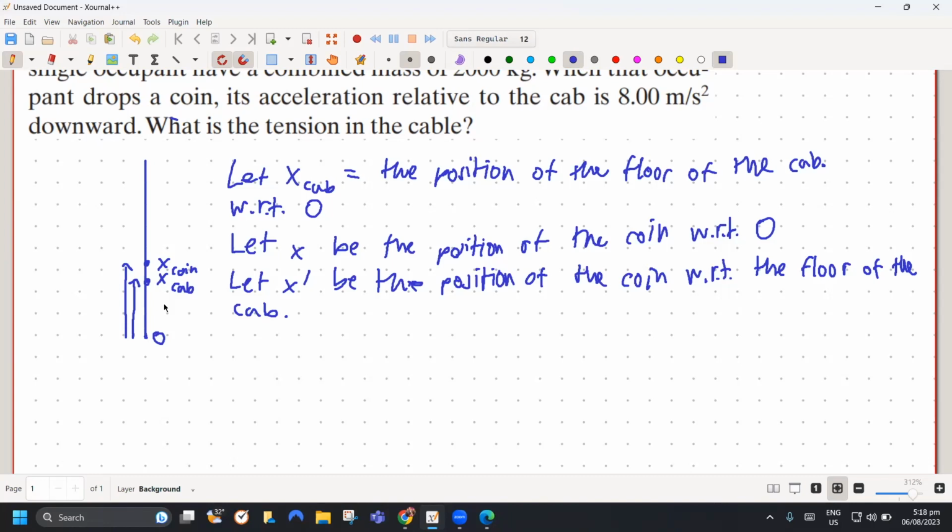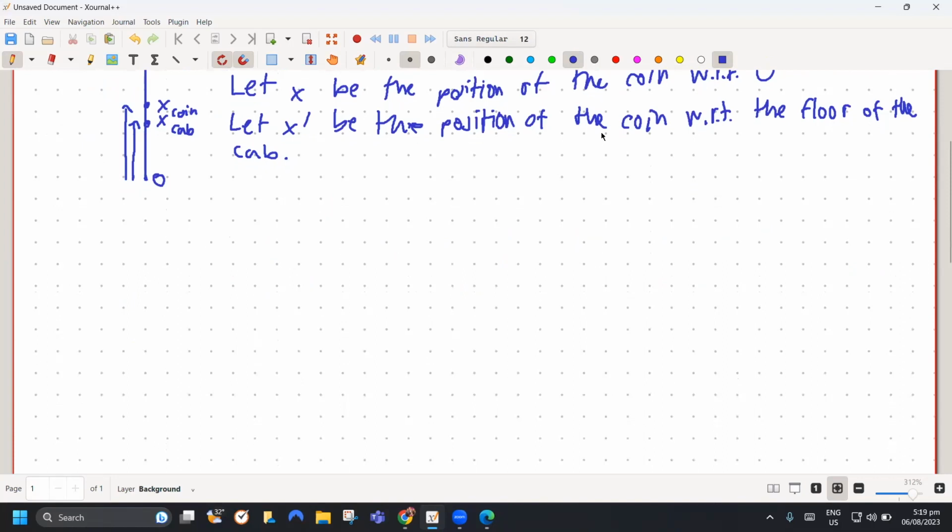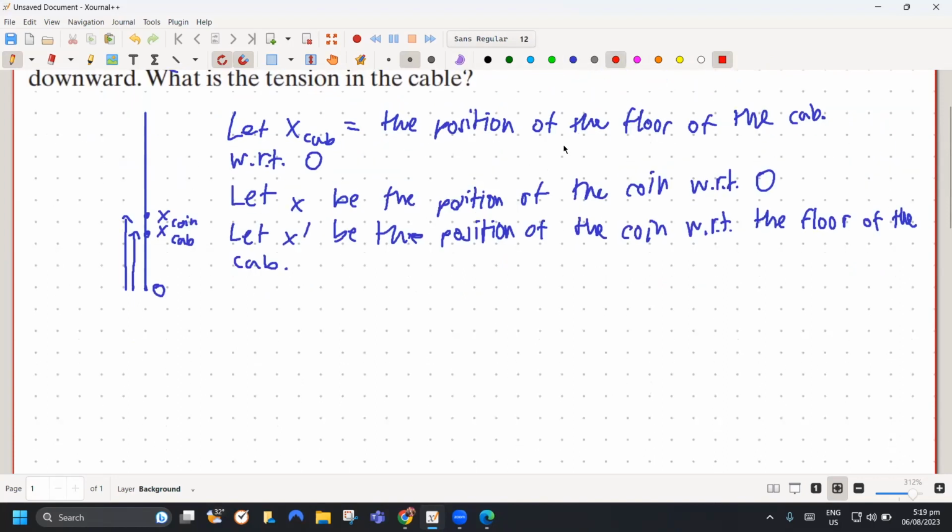Use red. Tapos on the diagram, use a red arrow to represent the displacement from the floor of the cab to the coin. So that's X prime. Beside that, sulat mo yung X prime.